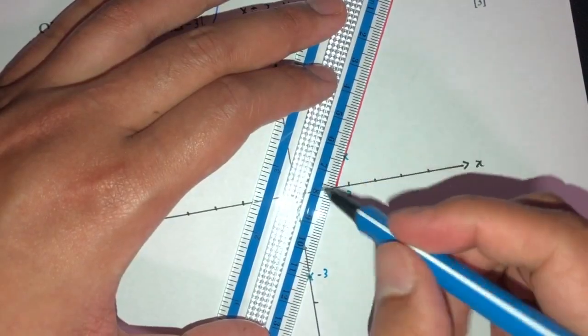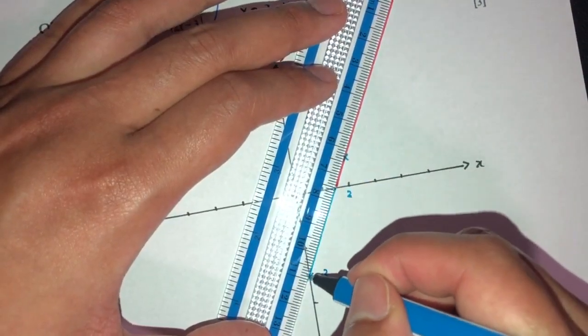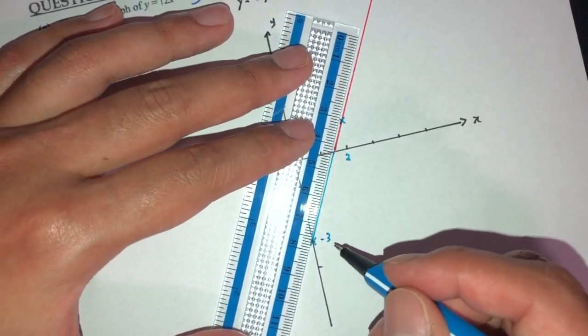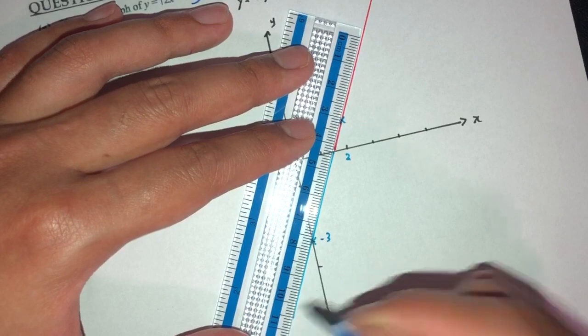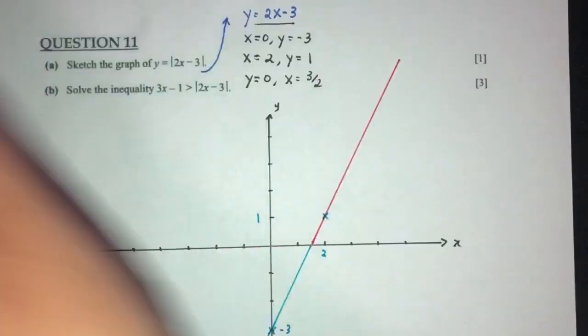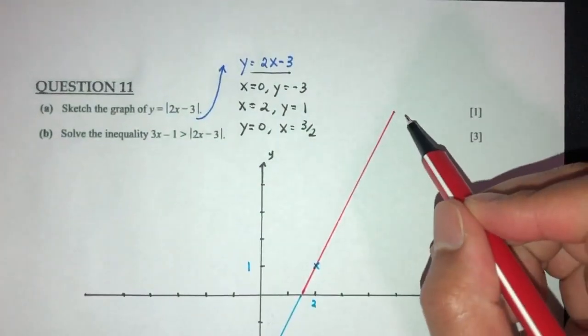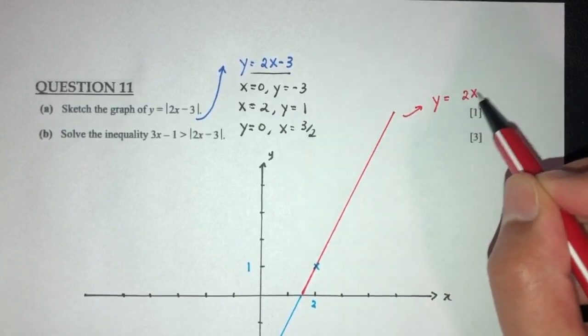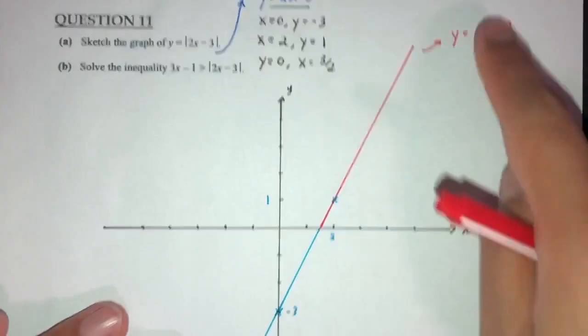Obviously it continues here, but let me use a different color. This is my equation of line, as you can see. Of course, it keeps going on. There's no need to stop. This will be my line, and this is the line of y equal to 2x minus 3.